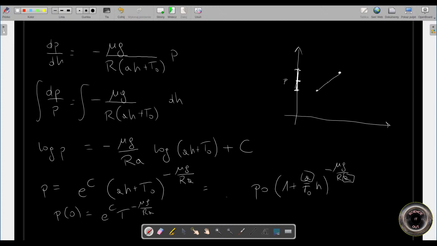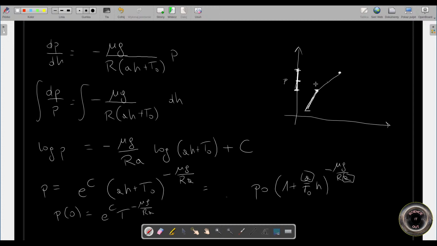And if we know the gradient at a different interval, then we know the pressure at one point of this interval, namely this edge of the interval. And we can calculate the pressure at this whole interval as well.